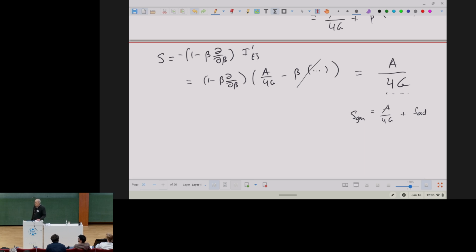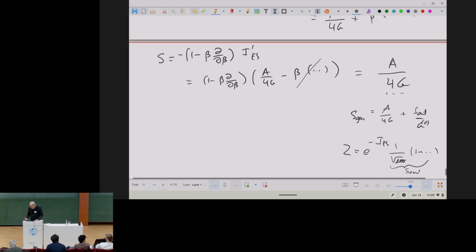That's true. The justification is that the classical piece is 1 over G, and this piece is of order G to the 0. So when I said the partition function was the exponential of minus the action times a one-loop correction, S out will show up in these corrections because it doesn't involve a 1 over G.